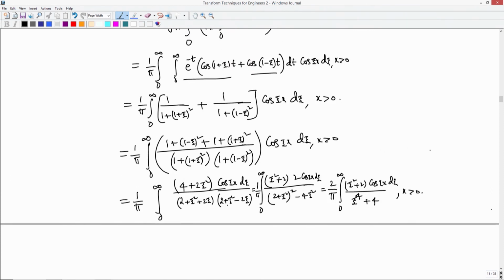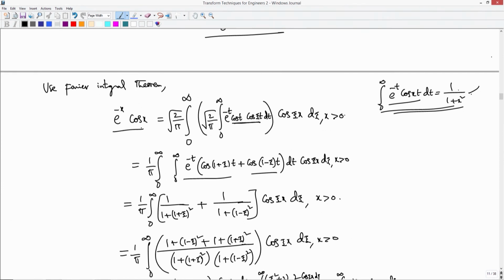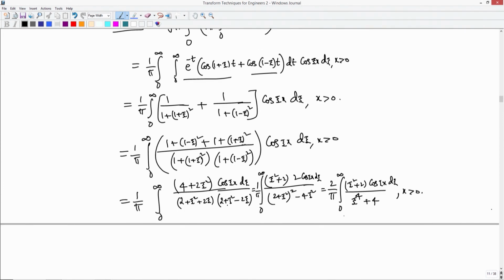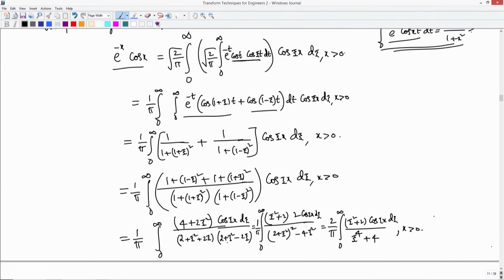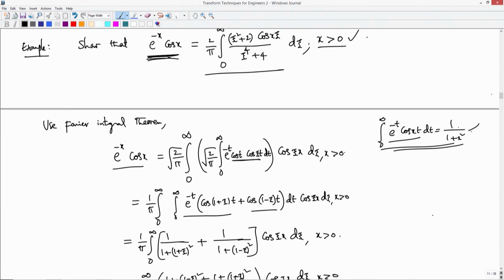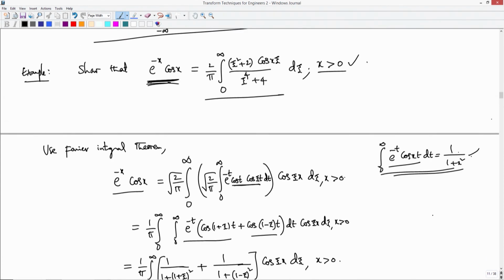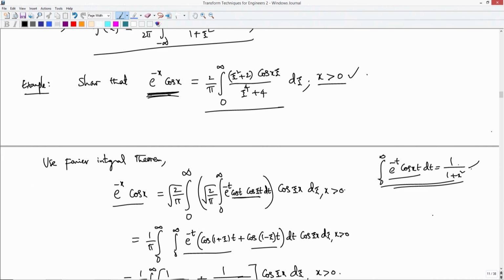So, I have shown now that this integral, the value of e power minus x cos x, is this integral by the Fourier cosine integral theorem in terms of cosines. You can use this if your function is an even function, or here it is certainly neither an even function nor an odd function.